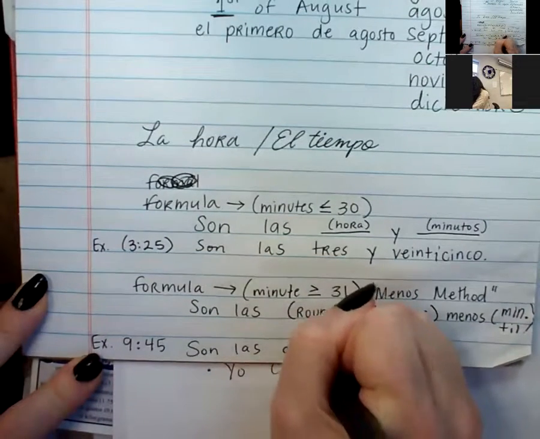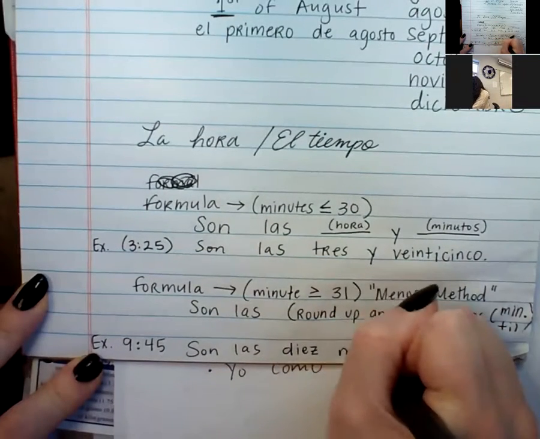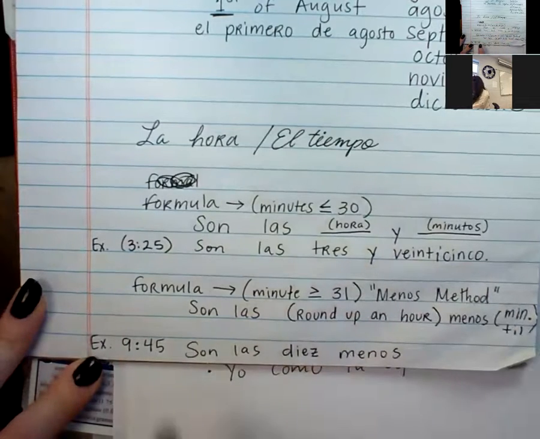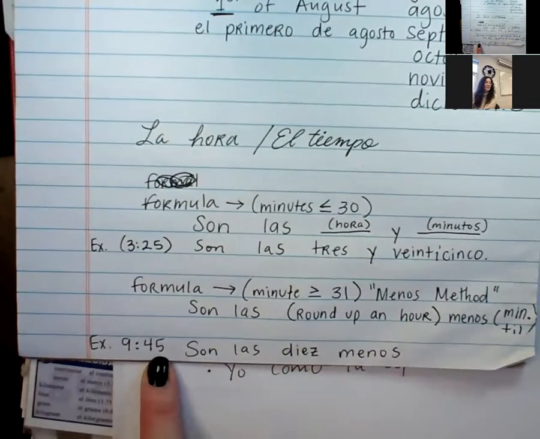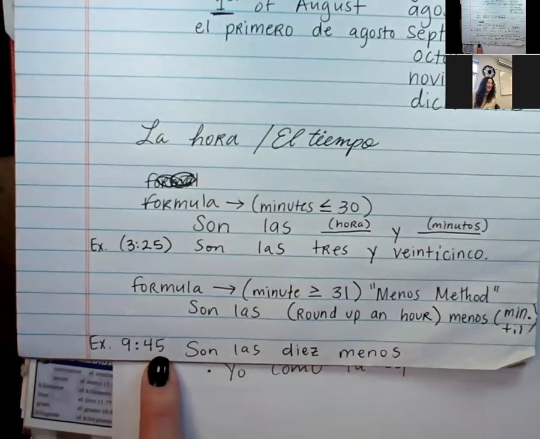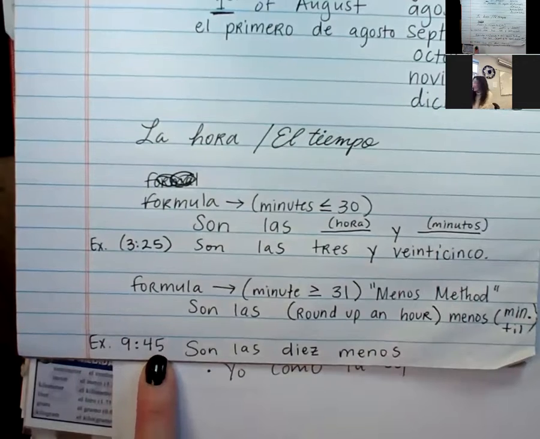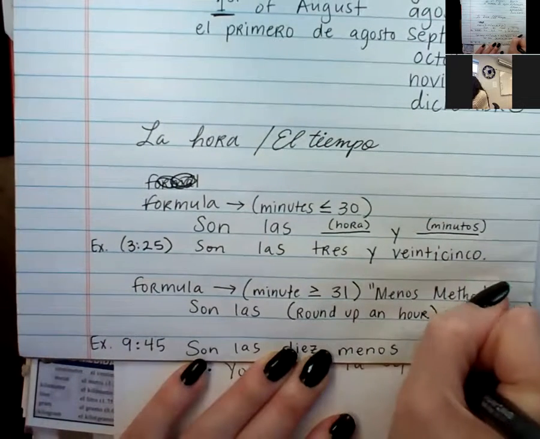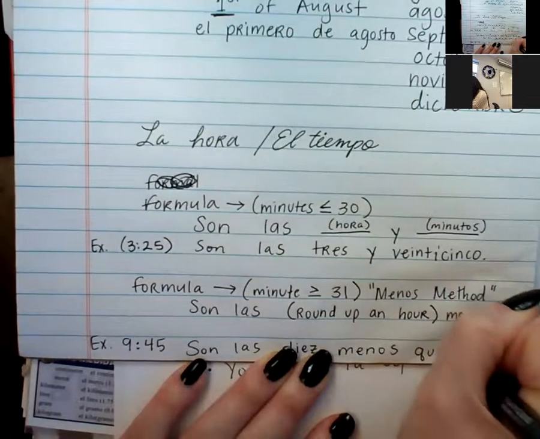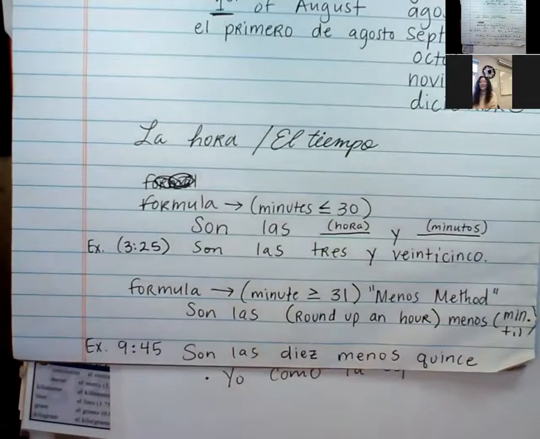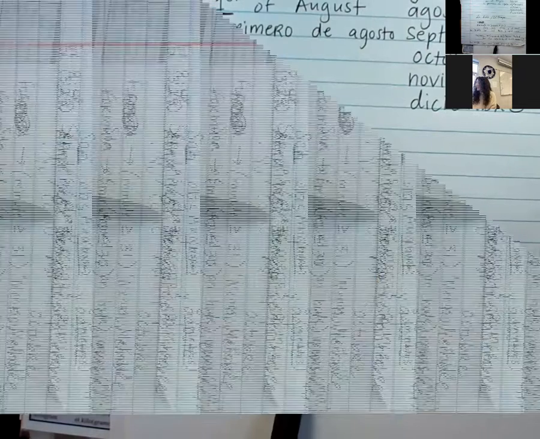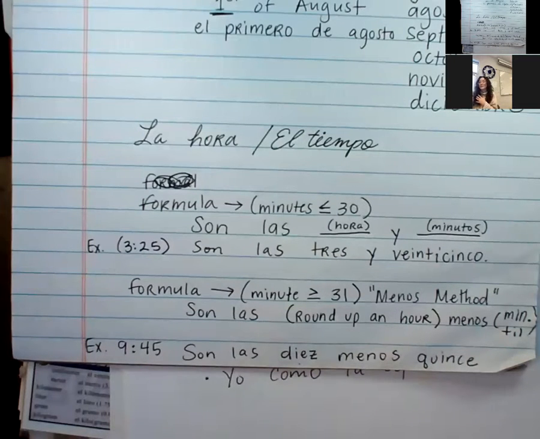So I'd say son las 10 menos, and then if I look at the minutes till 10 are 15. So to say 10:45 or a quarter till 10, I'd say son las 10 menos 15 or son las 10 menos cuarto.